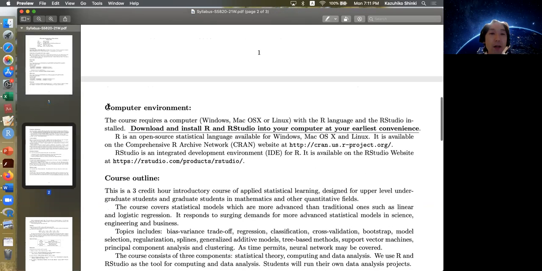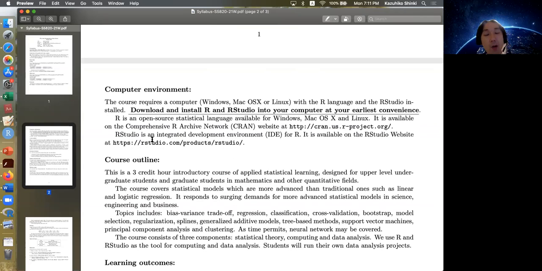Yeah, and the computer environment. Since this class uses R and also RStudio, you need a computer to install that software. And I require the homework to be submitted in PDF format, so certainly you need a computer.